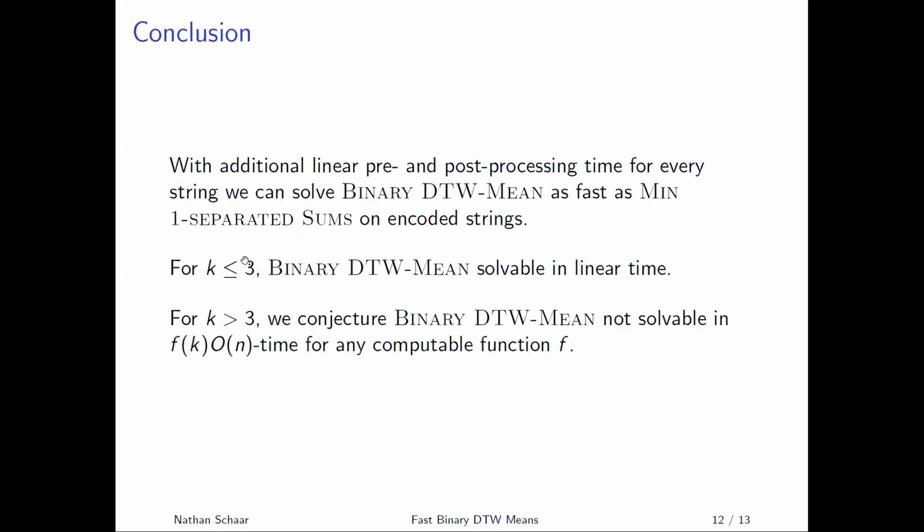And for larger k, we conjecture that it's not solvable in linear time, no matter how much time we allow in terms of k. So we think that you always have to solve this min-1 separated sums problem in some form.